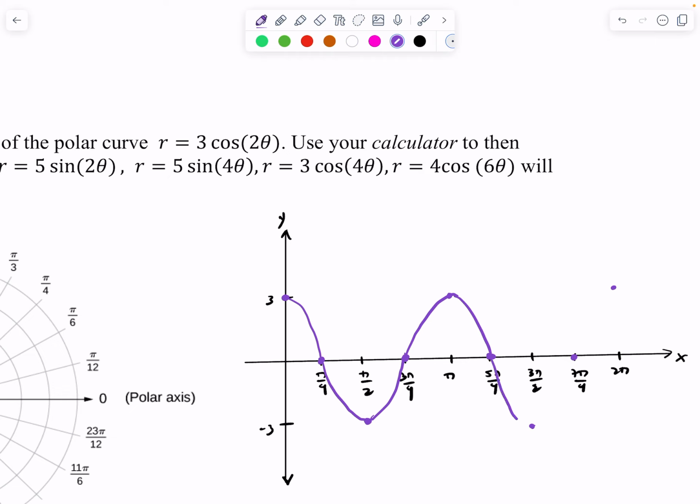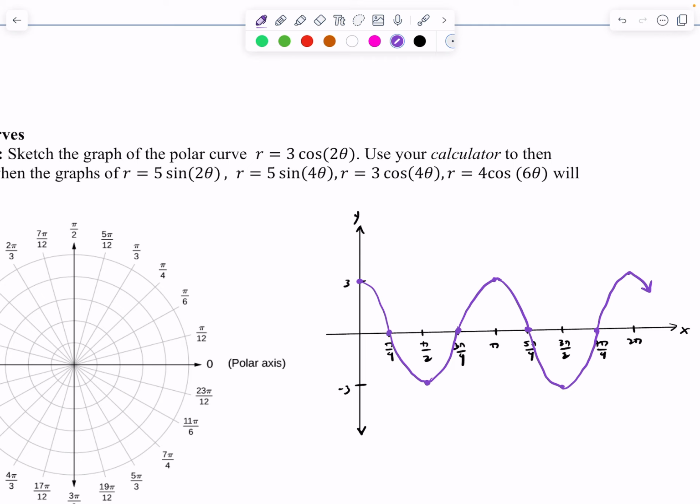So again, this is thinking about graphing y equals 3 times cosine of 2x in the xy plane. So we can use this graph as a reference for determining values of r for different angles theta. When theta is 0, r is 3.